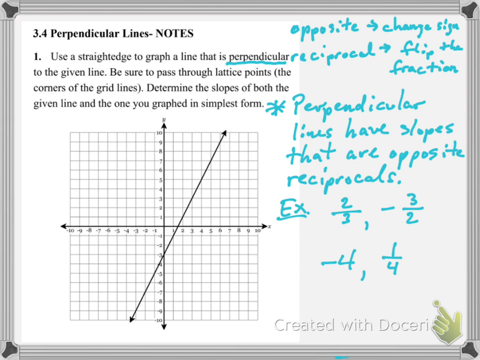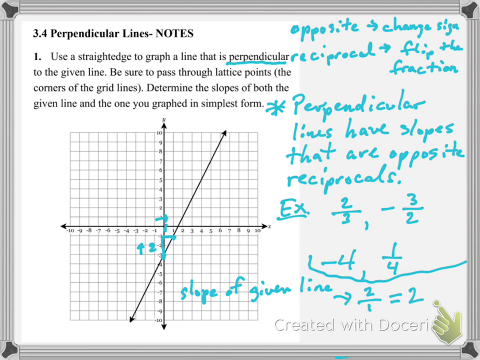Okay, we'll start here like we did last section, and then we'll get to here. So I'll go up to the right one. So the slope of the given line is up to the right one.